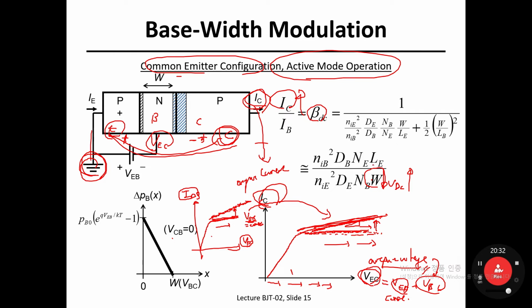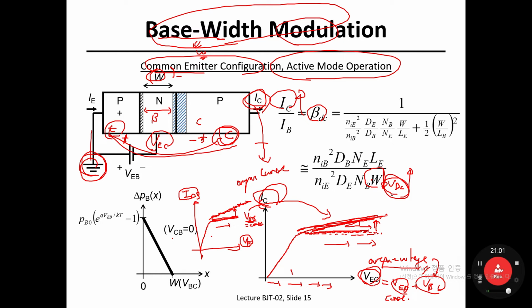Okay, so going back to the name of this slide, base width modulation. Modulation means something is changed, varied, right? And the base width indicates the W value, right? The quasi-neutral region of the base, the physical width of the quasi-neutral base regime. So this W is very much affected by VBC, which is the effective output voltage.